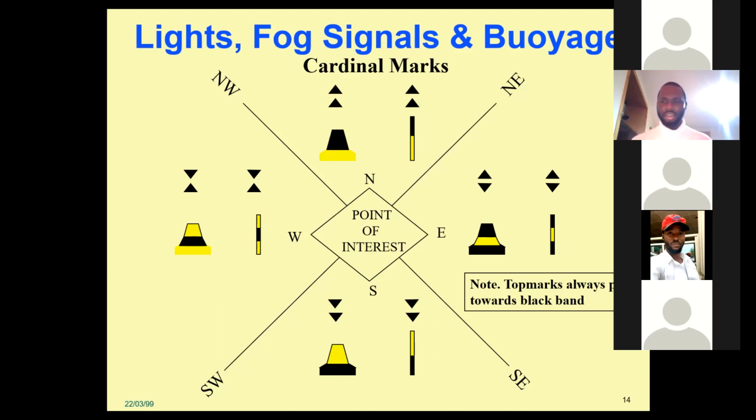So let's come back again to the west. JJ, now give me the answer. West Cardinal Mark, what are you going to see at night? I would say a white flash, a very quick flash, 9 very quick flashes every 10 seconds, or a quick flash 9 times every 15 seconds.